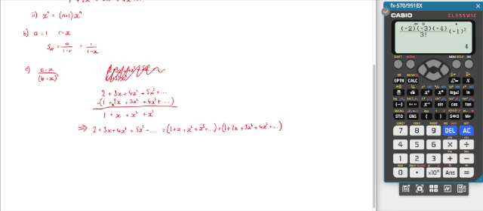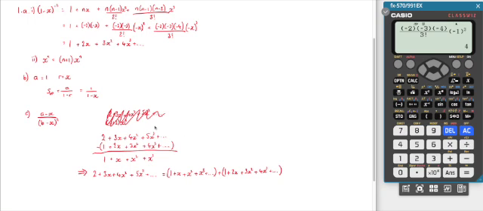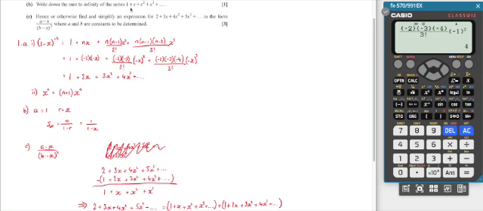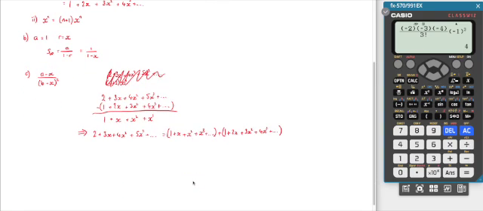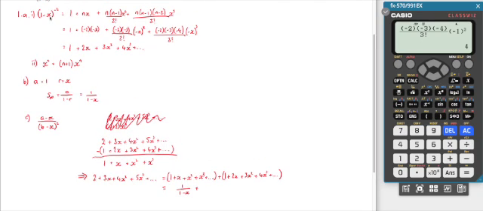Now, what did we know about that? Well, this 1 plus x squared plus x cubed was a sum to infinity, which we did in the first place. So all of this adds up to be 1 over 1 minus x, because we did that in the sum to infinity bit, plus the 1 plus 2x plus 3x squared plus 4x cubed and the rest of it, that's the sequence we did in the very first part.